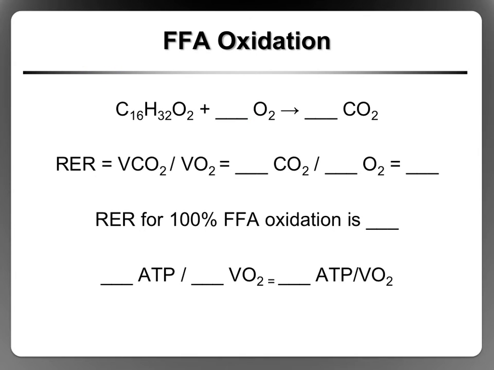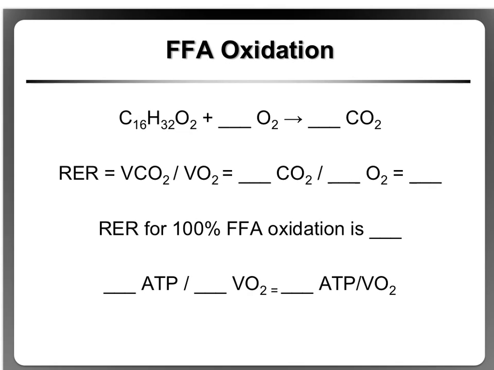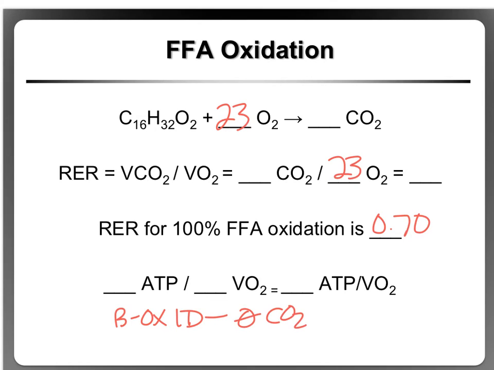Alright, so we have used 23 oxygens. We are trying to come up with an RER of 0.70. So let's look at the CO2s. In beta oxidation, we did not produce any CO2.